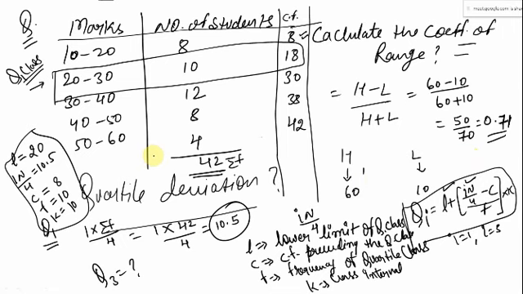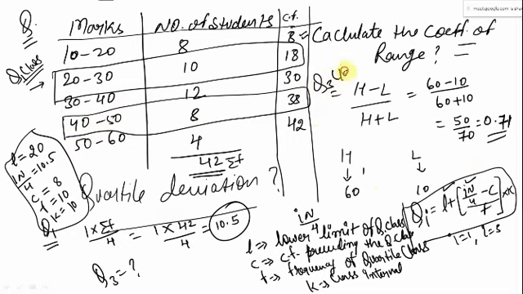Which one should I select? Just greater than 31.5. It is 38. So we will select this class for Q3. This will be the class for Q3. So we'll be taking all these values of L, C, F from this class only.